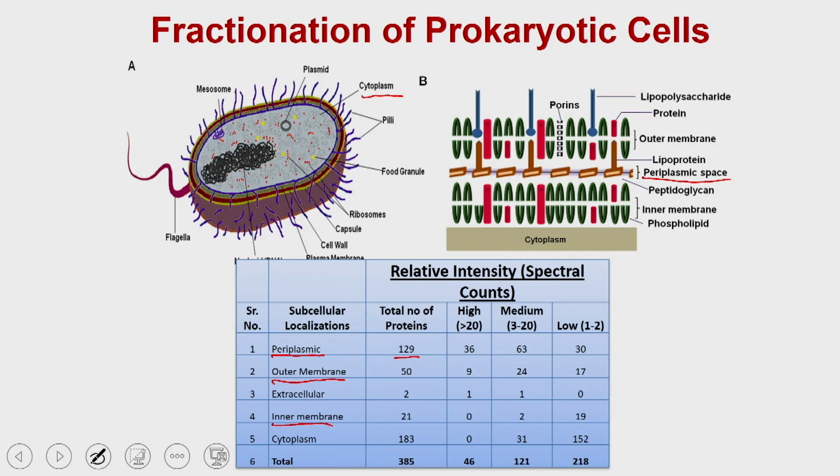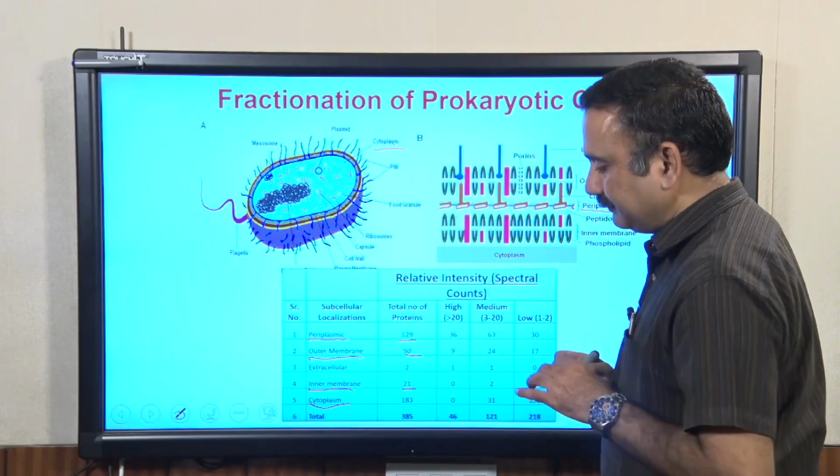The major fraction of the proteins is present in the cytoplasm, that is 183 different proteins. This means you have the choice of overexpressing your protein, or isolating the protein from two regions: one is the cytoplasm, the other one is the periplasmic space.